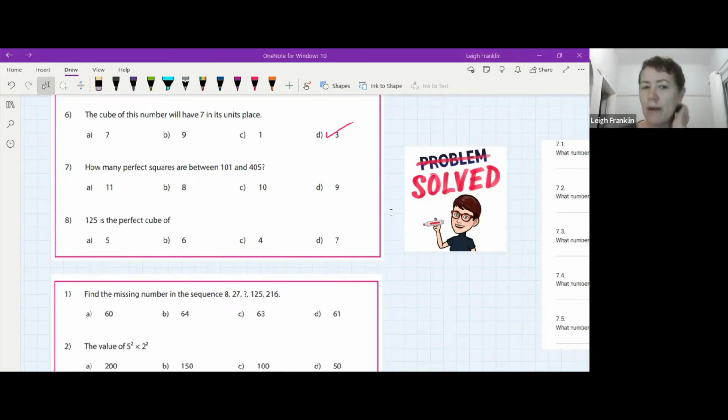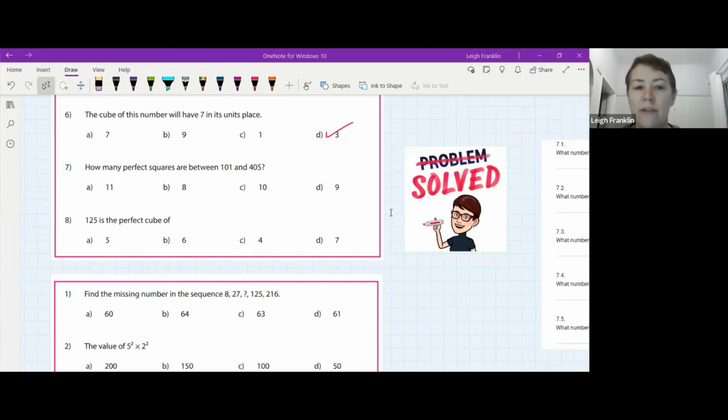All right, so when we're talking about perfect squares, the perfect square needs to be bigger than 101 and it needs to be smaller than 405. So we know that 10 times 10 is 100. So it has to be a number that's bigger than 10.